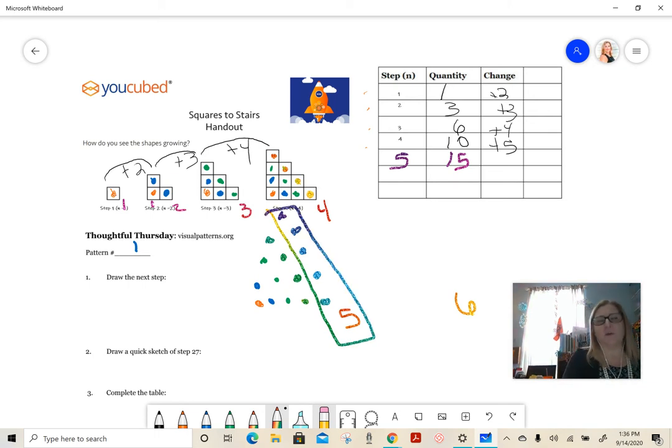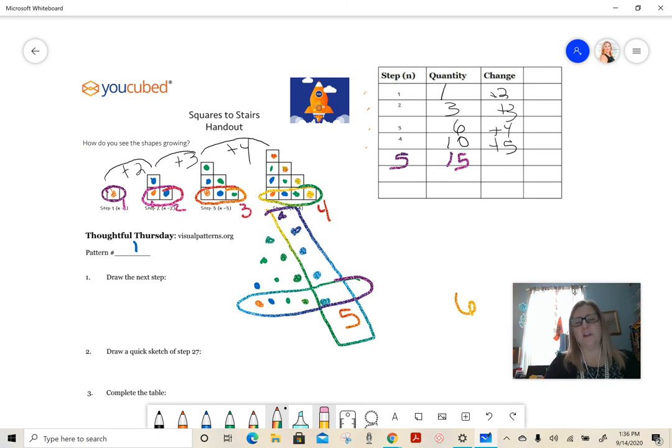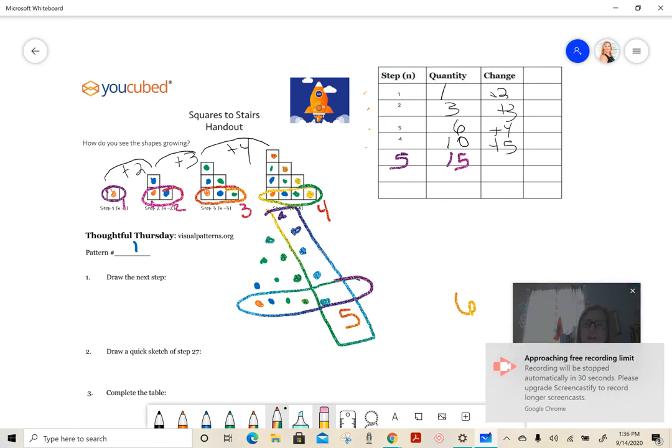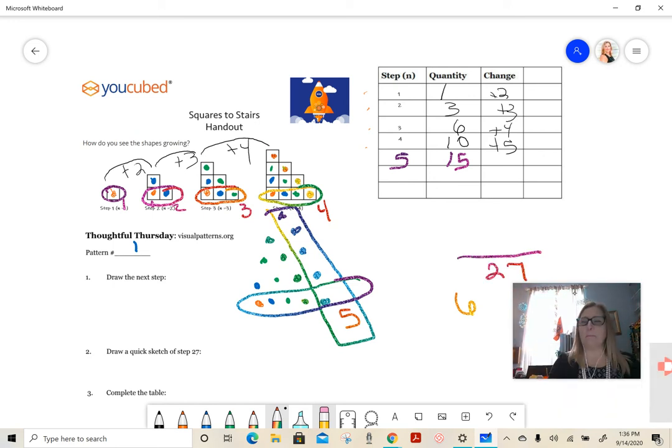But I also notice that right here is 1, 2, 3, 4, 5. So I'm wondering how I could use that to draw step 27. Sometimes you will be able to look at that and see, and sometimes you won't. But what I know is it's going to be 27 this way and 27 this way, right?